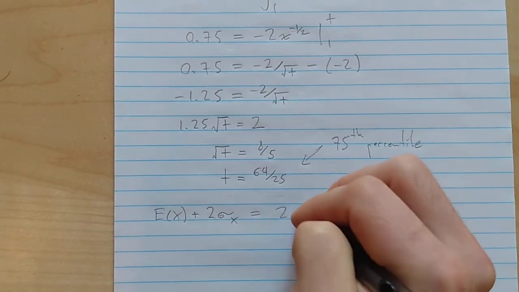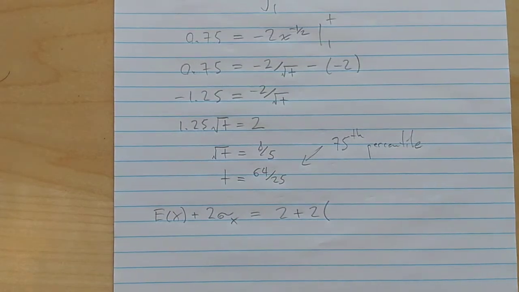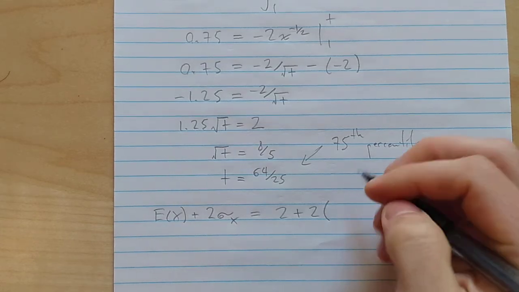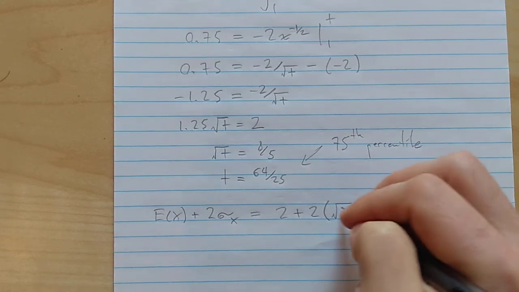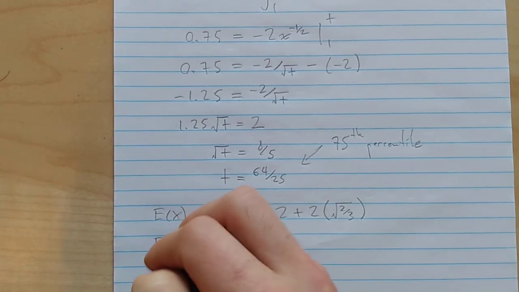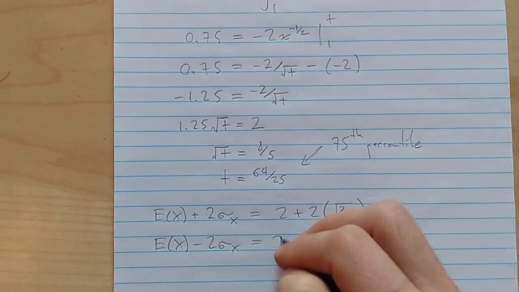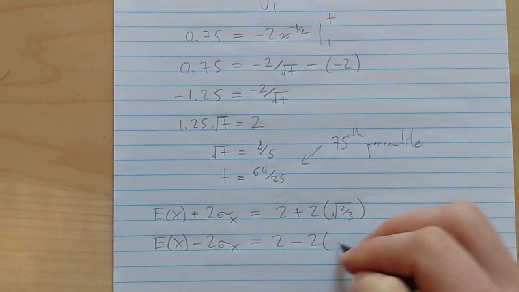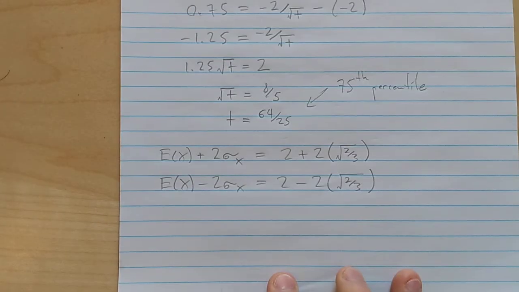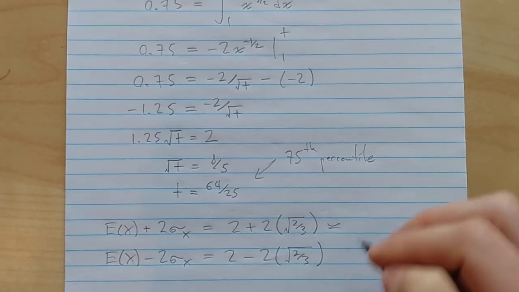Then that's going to give me 2 plus 2 times the standard deviation. The variance was 2/3, so that means the standard deviation is going to be square root of 2/3. And do the expected value minus 2 standard deviations. That's going to be 2 minus 2 times the standard deviation. Okay, and we'll figure out what these are.